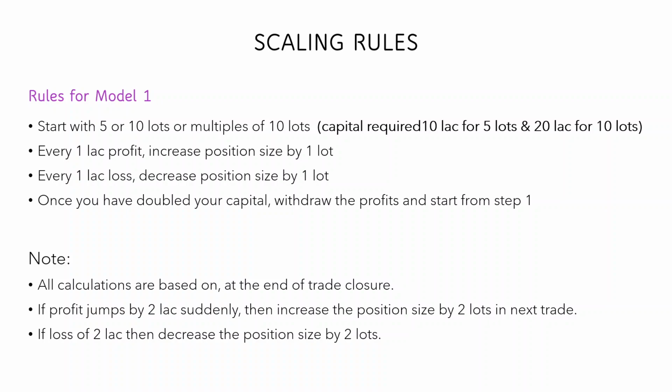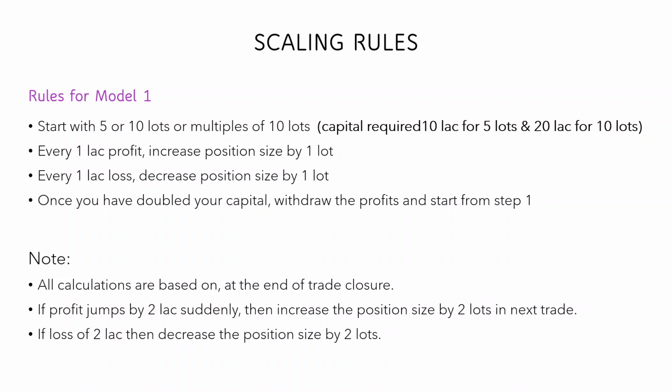There is a possibility that when the volumes are higher, your profit will jump suddenly by 2 lakh rupees. This has happened earlier as well, in just two trades. Then you have to increase your position size by 2 lots in the next trade, because rule number 2 is every 1 lakh rupees increase in profit, you increase by 1 lot.